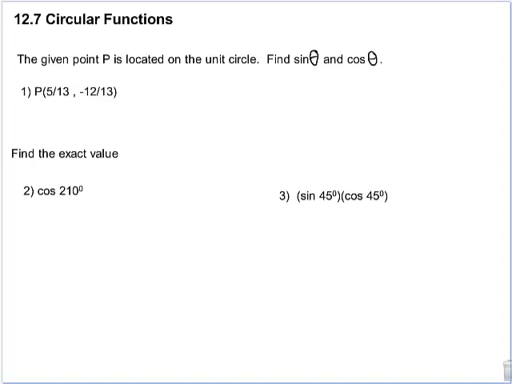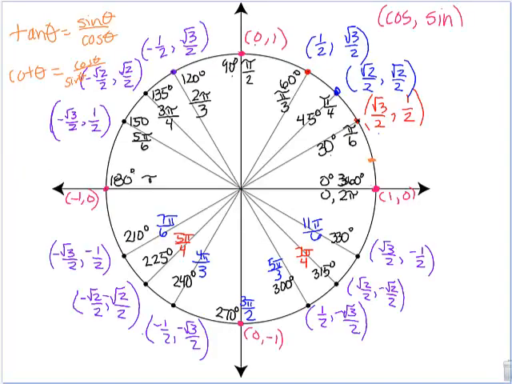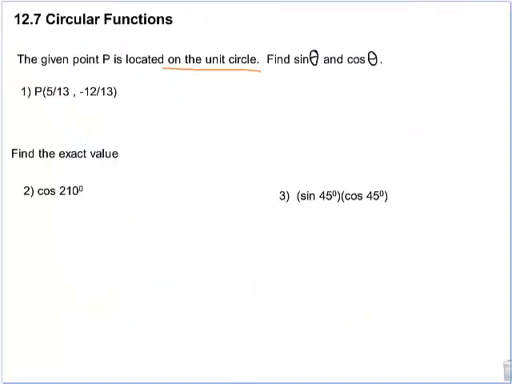The key here is it says it's located on the unit circle. So when we are on the unit circle, what does each of these points represent? Your cosine value and your sine value.